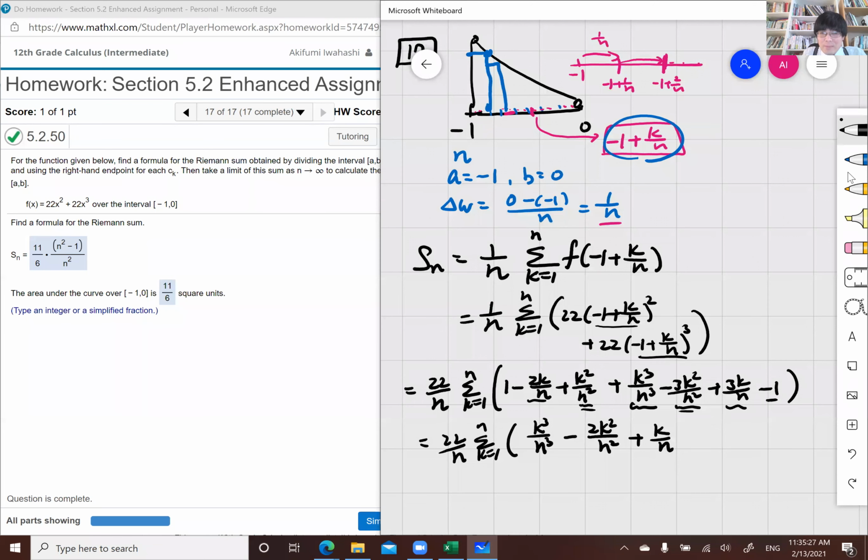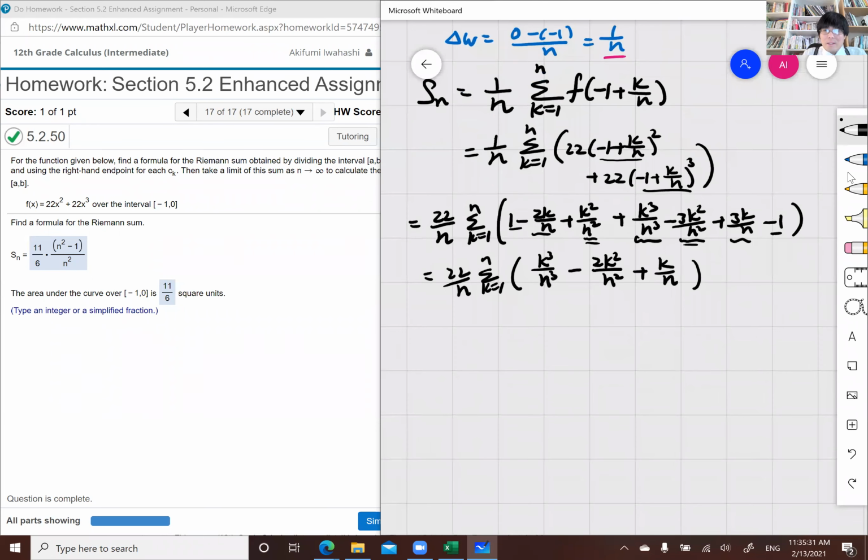And the constant term will disappear. Now I have to use a formula to find the sigma of k cube, k square, and k. Let's factor out. Well, just forget about this one. Let's just use a formula for this one and this one and this one quickly.